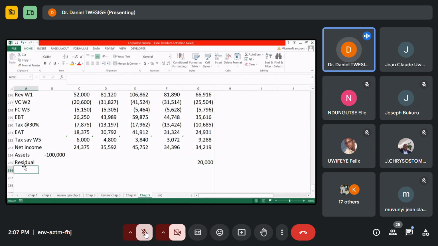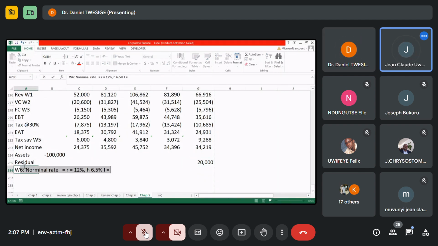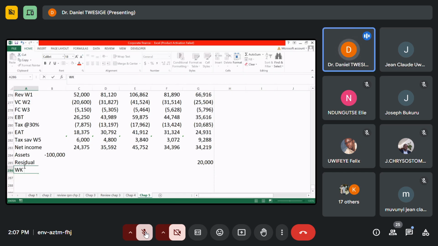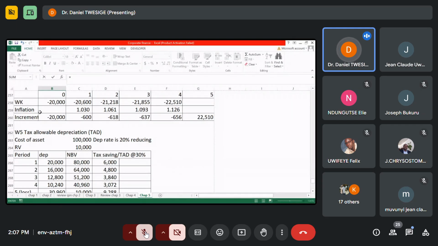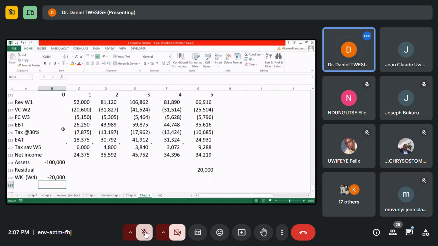I have working capital, which is working number 4. So this is how much my working capital is, it is here. That's the working capital, because I'm going to recover this.